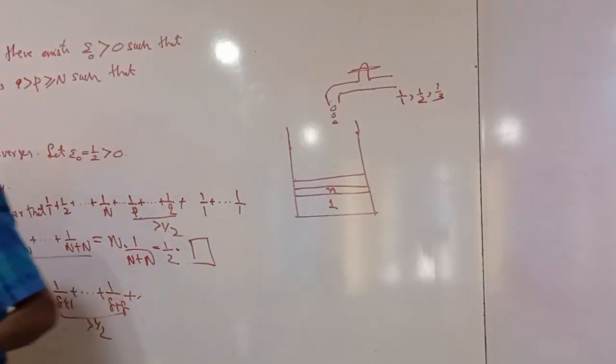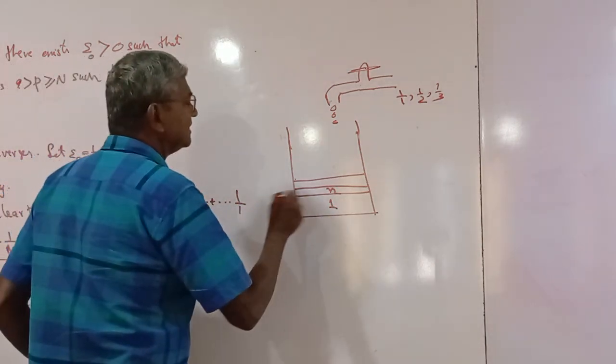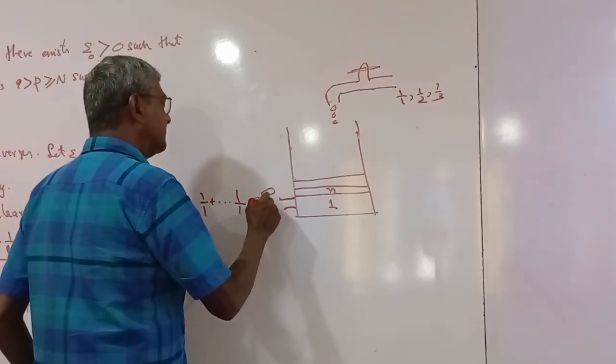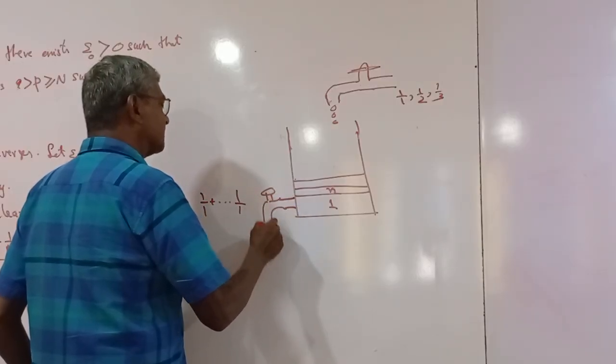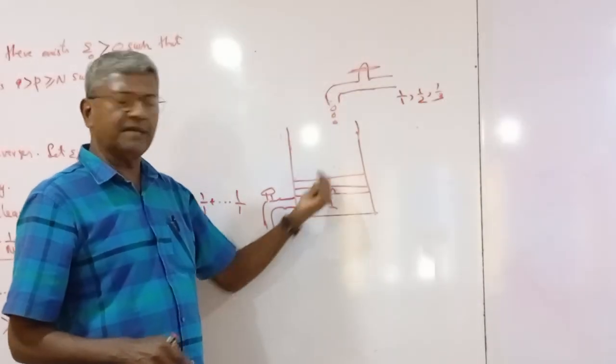And another thing is very important about this picture. If a series is converging, suppose this one also has a tap from here. That is when you have negative terms. Positive terms you send the water by this tap.